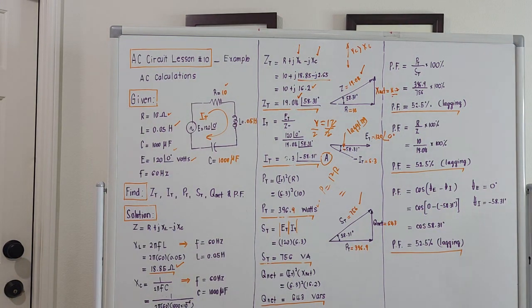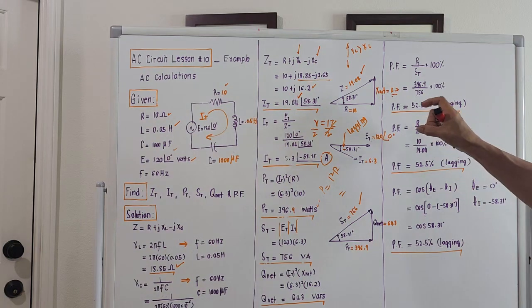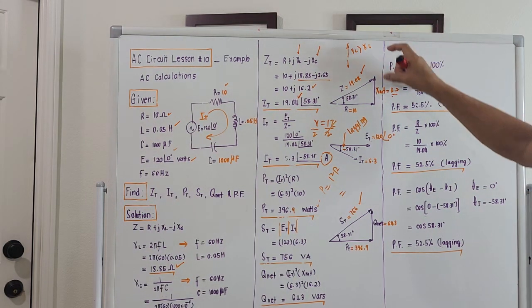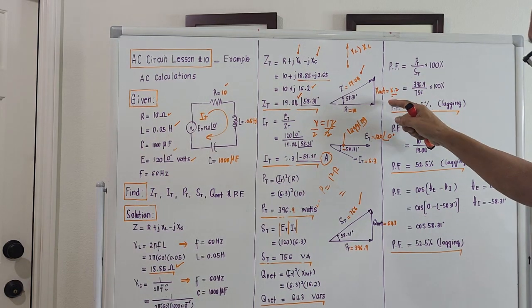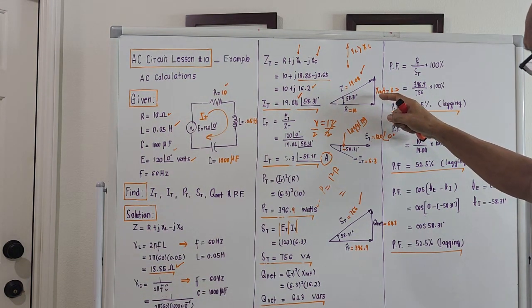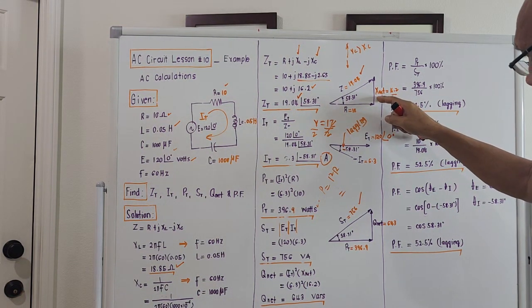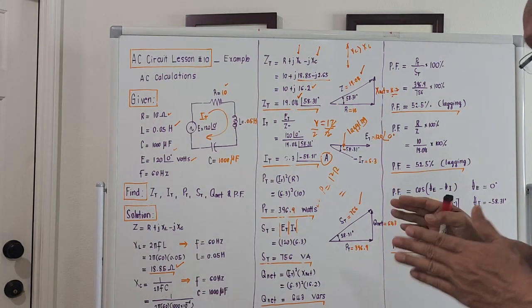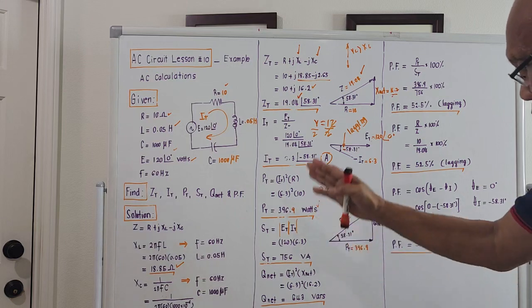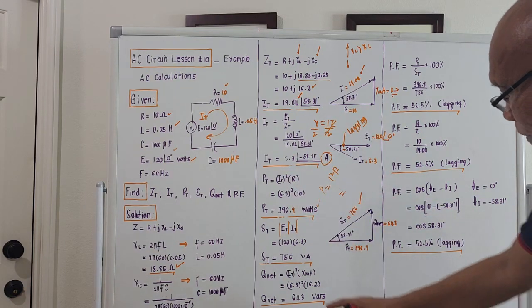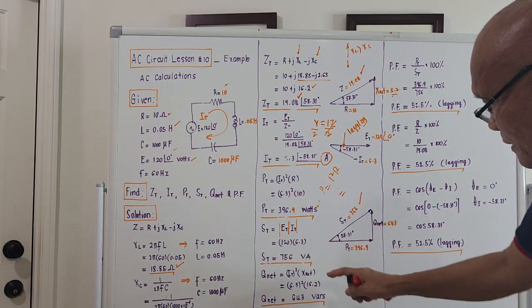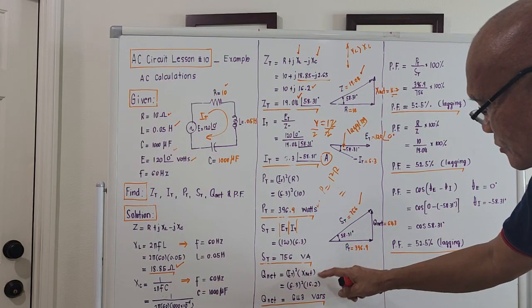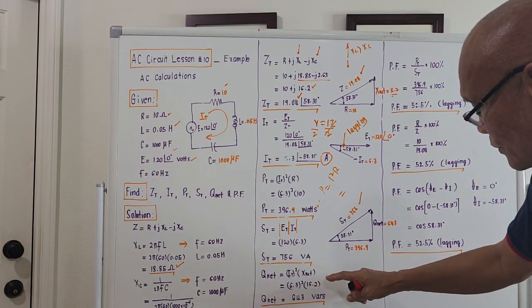Right? How about Q net? Q net, because we subtracted already XL and XC and we got X net. So if we will multiply this one by I square, it will now be the total reactive power consumed by the net reactance. And if we try to bring out the formula, it will be total current square times X net. 6.3 square times 16.2.